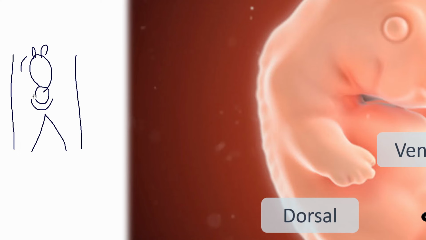Now here you can see the head of the baby. Should the head of the baby be called cranial or caudal? Cranial. Yeah, the head of the baby is cranial. But is it superior or inferior? It is inferior. With reference to adult anatomy, it is inferior.